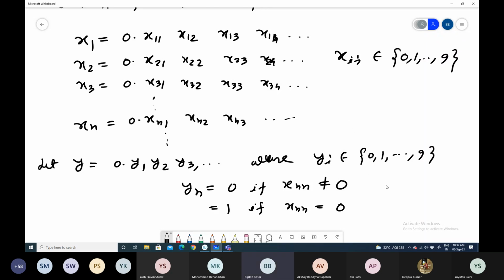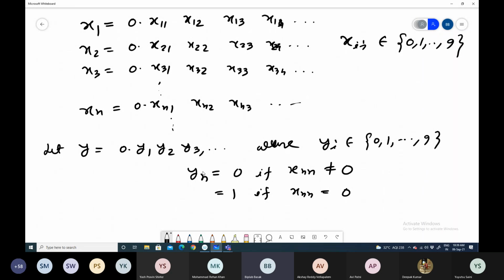So you can note that the nth term of the decimal representation of y is different from the nth term of the decimal representation of xn. So again we are going diagonally, and here we are not reversing directly.